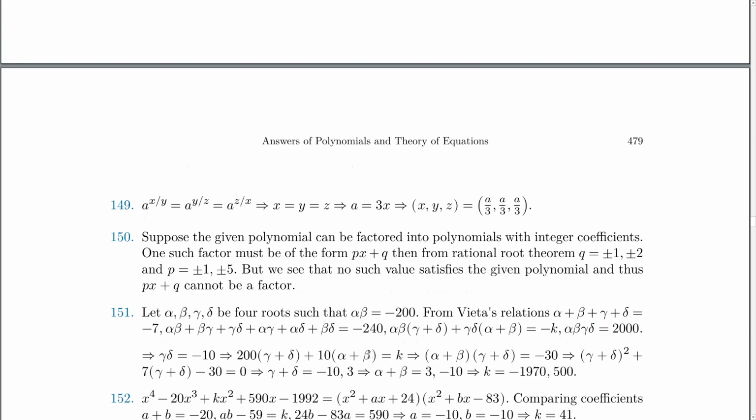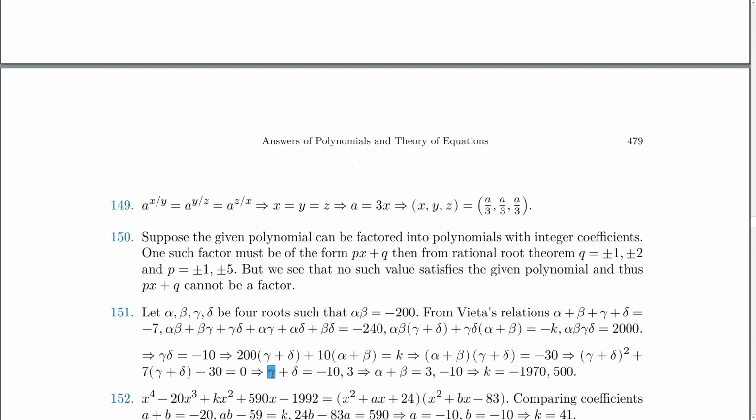Okay. So here there is a minus sign here. Gamma delta is minus 10. So all the minus signs are eliminated, and then from this, it is 30. So alpha plus beta into gamma plus delta is equal to minus 30. Okay. And gamma plus delta whole square plus 7 into gamma plus delta minus 30 is equal to 0.